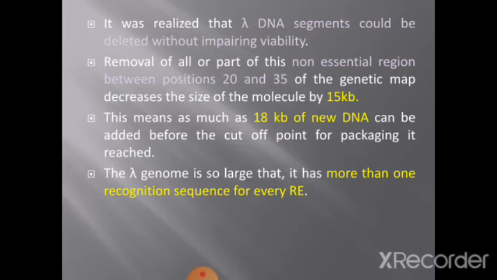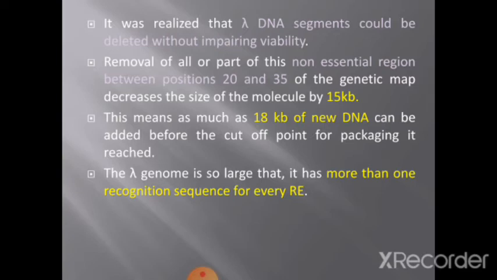What I mean is, out of that 48 kb, if you remove part of it, lambda phage will still be normal. So people came up with the idea that by deleting non-essential regions of the genome, you will have more scope to add a bigger DNA insert. This made people work on how to develop lambda phages into vectors.